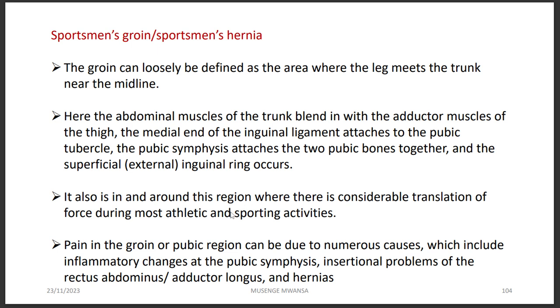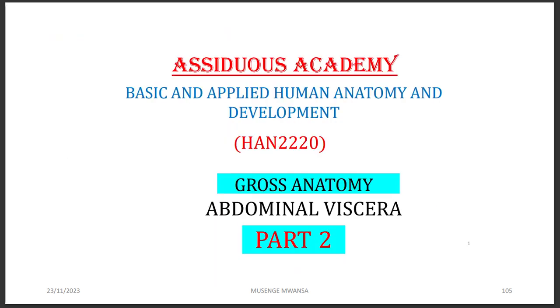When sports people are running, they generate forces from the hips in that region to push the leg forward in order to run. That is why they are known by that name. So this is the groin.